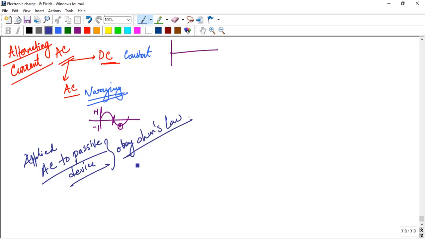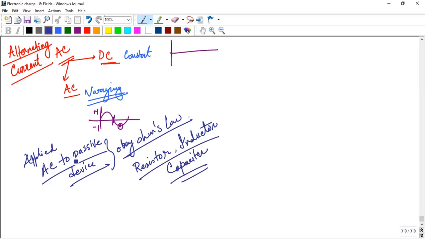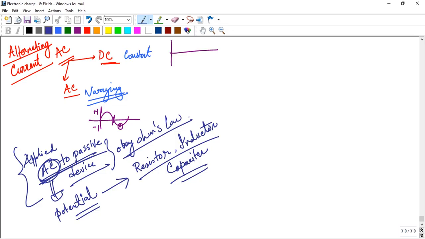There is a resistor, an inductor, and the third device is a capacitor. We know these three devices, and in the syllabus an AC source is applied, the potential applied to these passive devices.